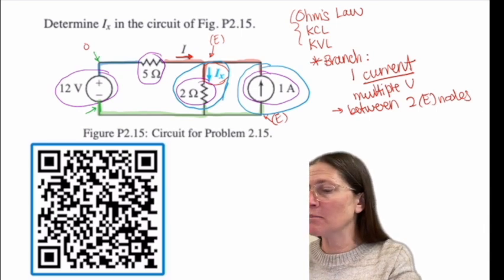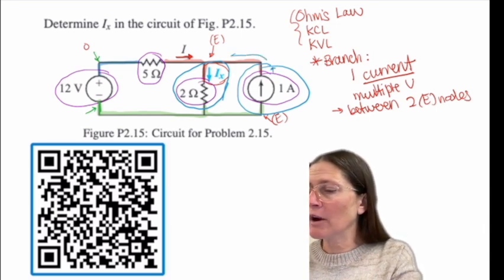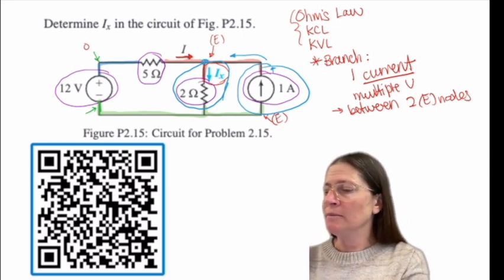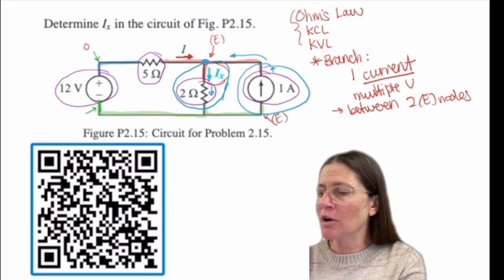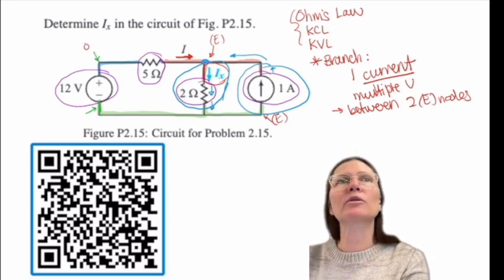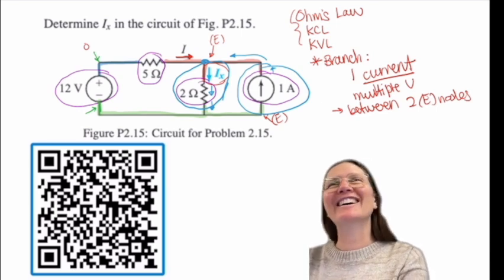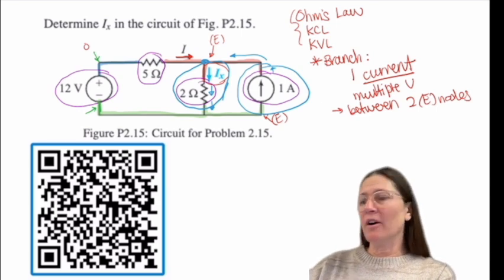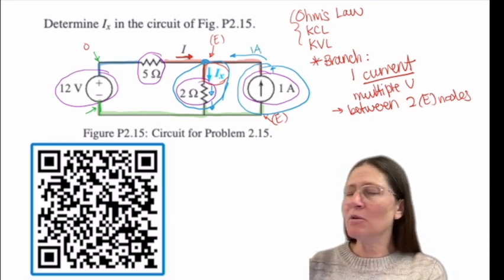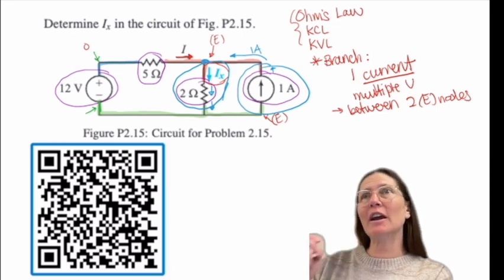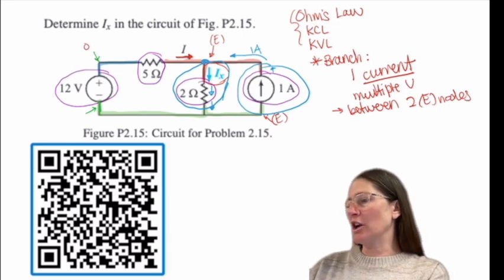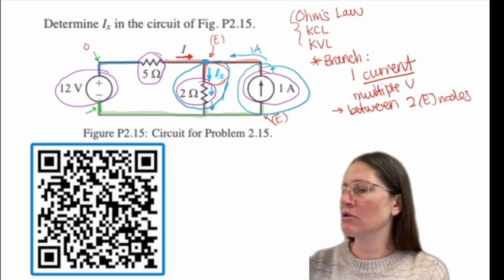The 1 amp is going to go around through this wire to the actual node, and IX can go down, or be drawn below. This is going to continue to be 1 amp as that goes around, and IX will be different than that. So again, one current in a branch.